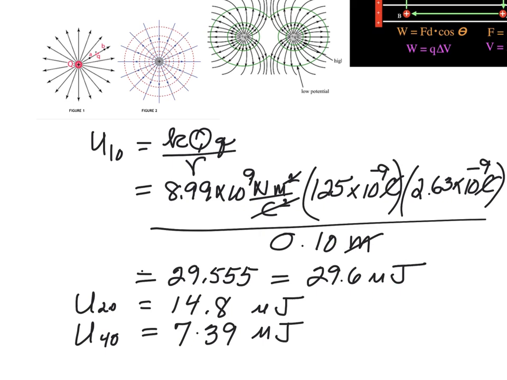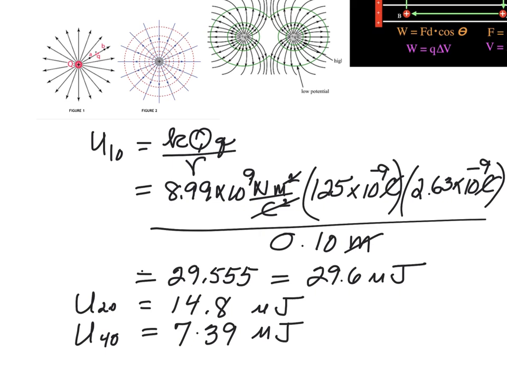Now notice you have different values, but if we divide the energy we got by the charge that we used, then we get the electric potential for this, and we're going to get the same numbers. So calculate the voltage or the electric potential on those circles of 10, 20, and 40 centimeters.